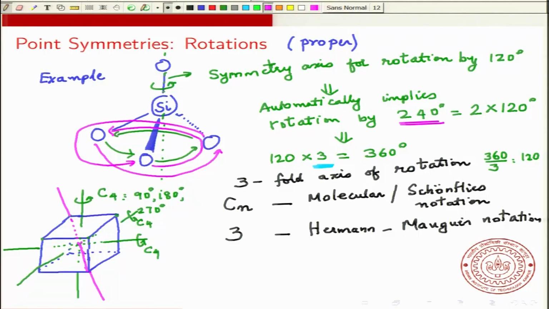Okay, so this is an axis, and you can see that this is actually a C3 axis, that means it's a threefold axis of rotation. Okay, and again this is slightly harder to see, but not that much harder. You have to visualize this by actually taking a cube.